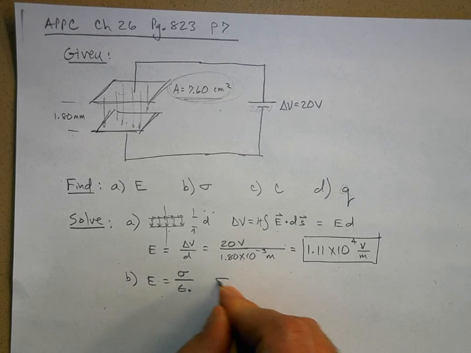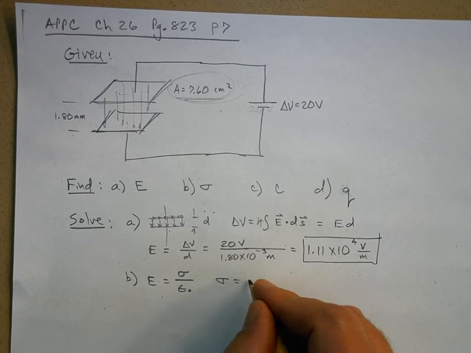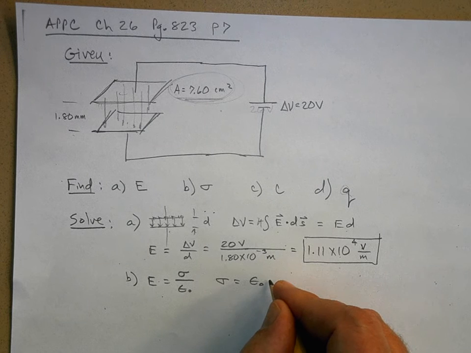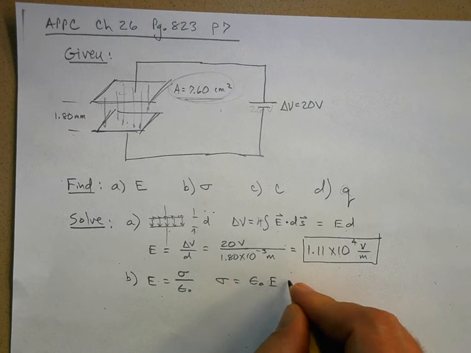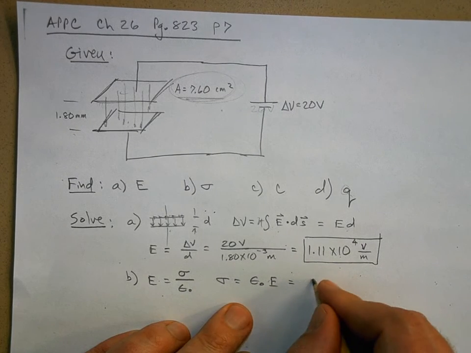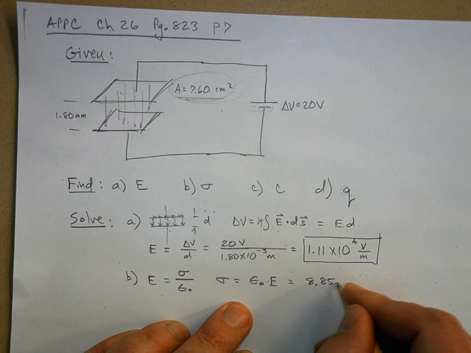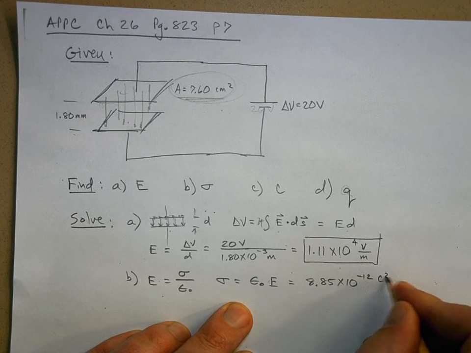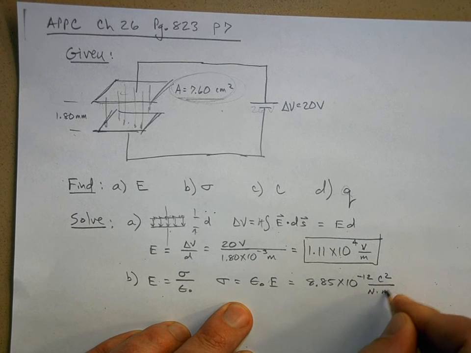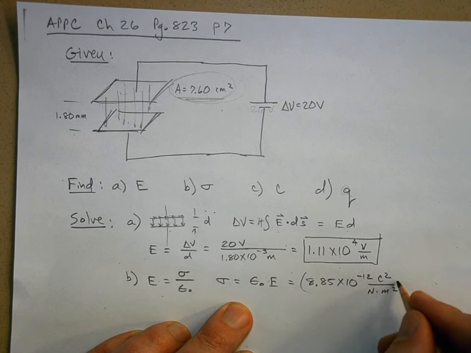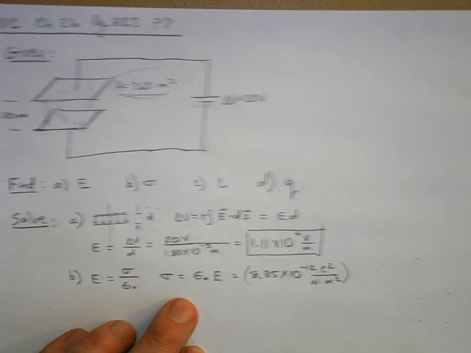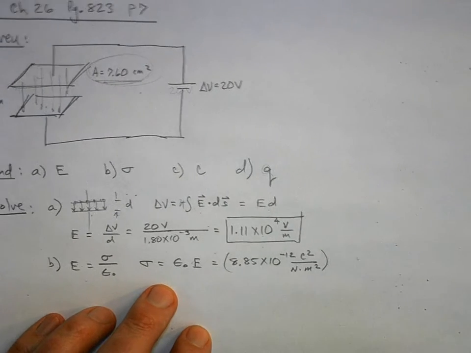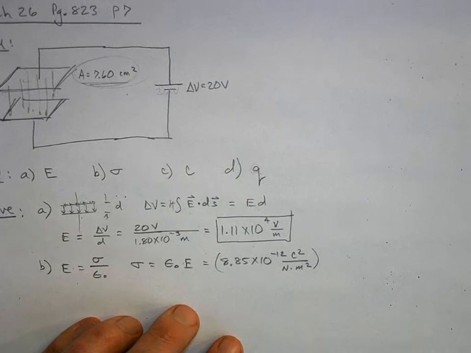So it's that simple. The charge density sigma is equal to epsilon naught times the electric field. And epsilon naught is 8.85 times 10 to the negative 12 coulombs squared per newton meter squared. And then we have to multiply that by 1.11 times 10 to the 4. By the way, let me know if I accidentally go off screen.